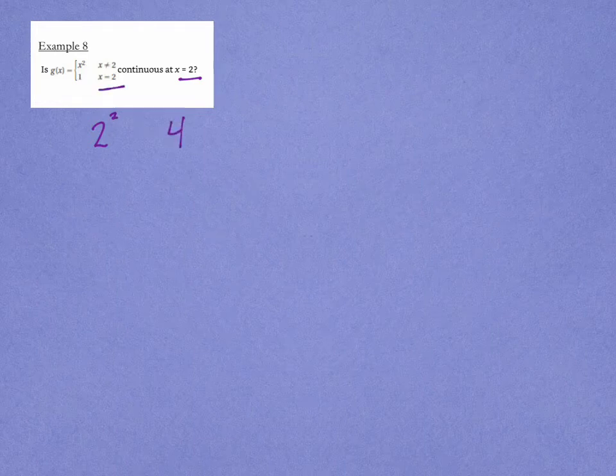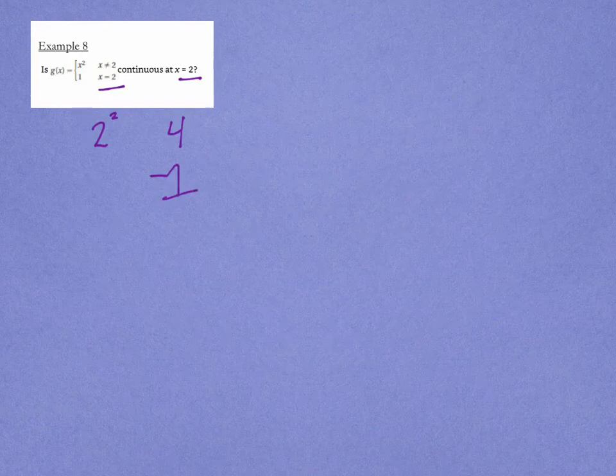Going to 8, we have another piecewise, and it wants to know, is it continuous at 2? So let's look at what's happening at 2. If you put in 2 squared, you get 4, and what do I get at 2? I get 1.